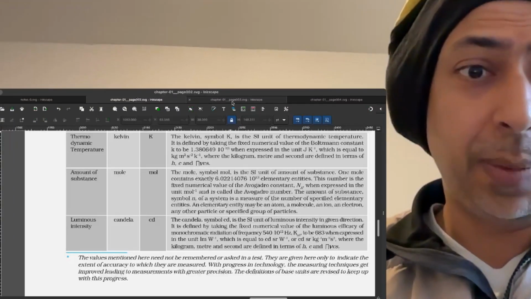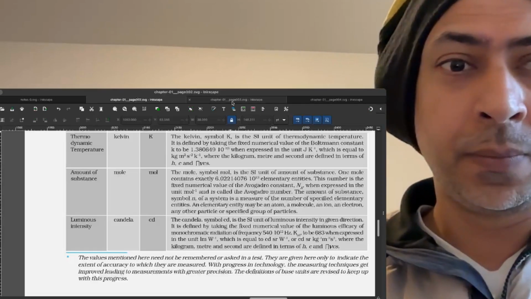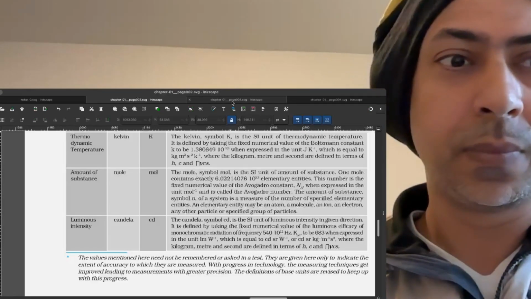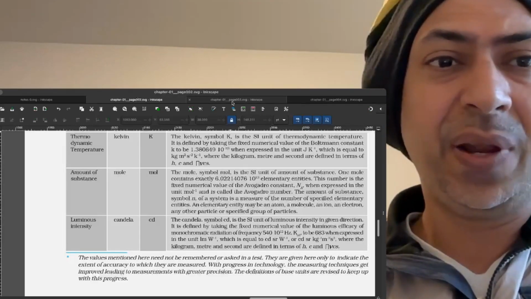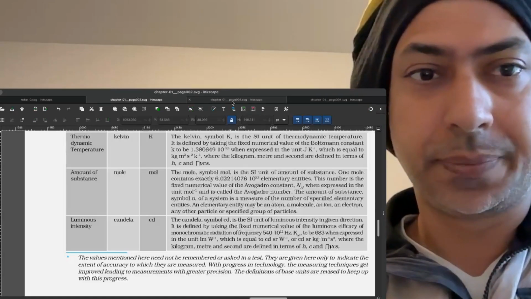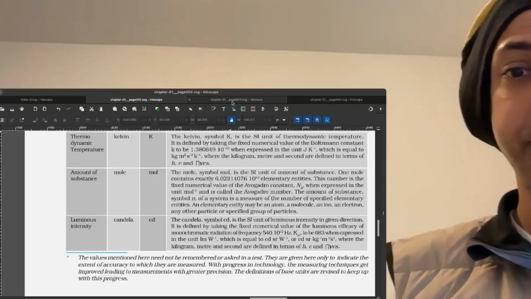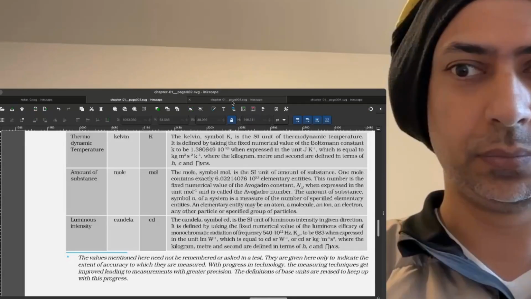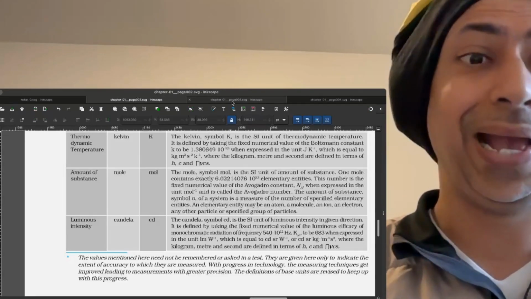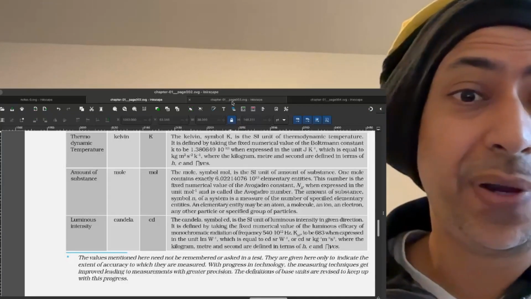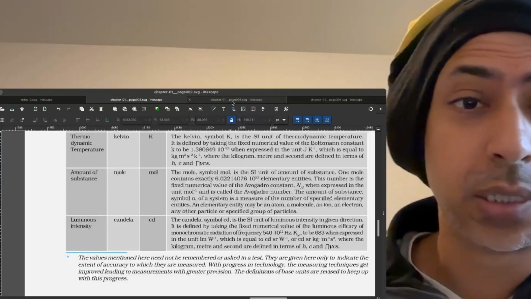As discussed above, every measurement involves errors.